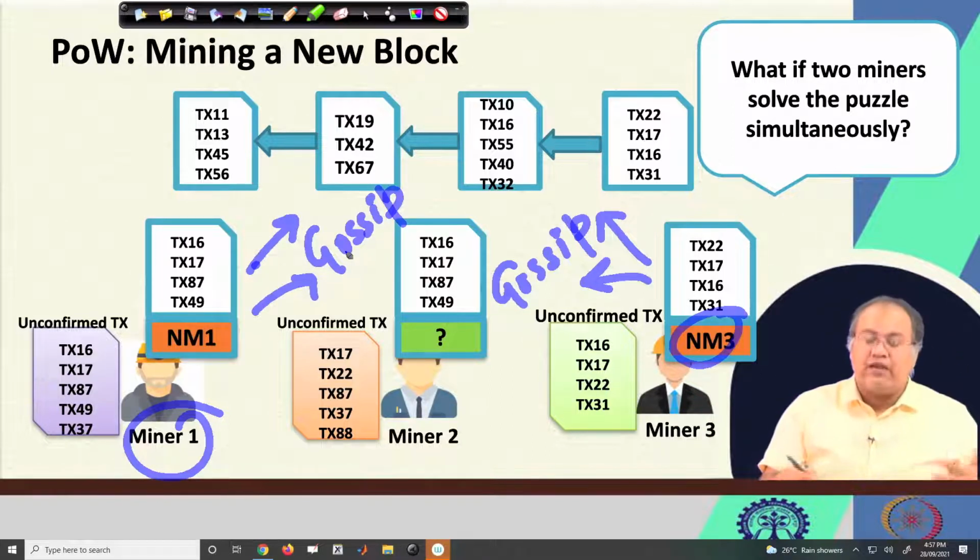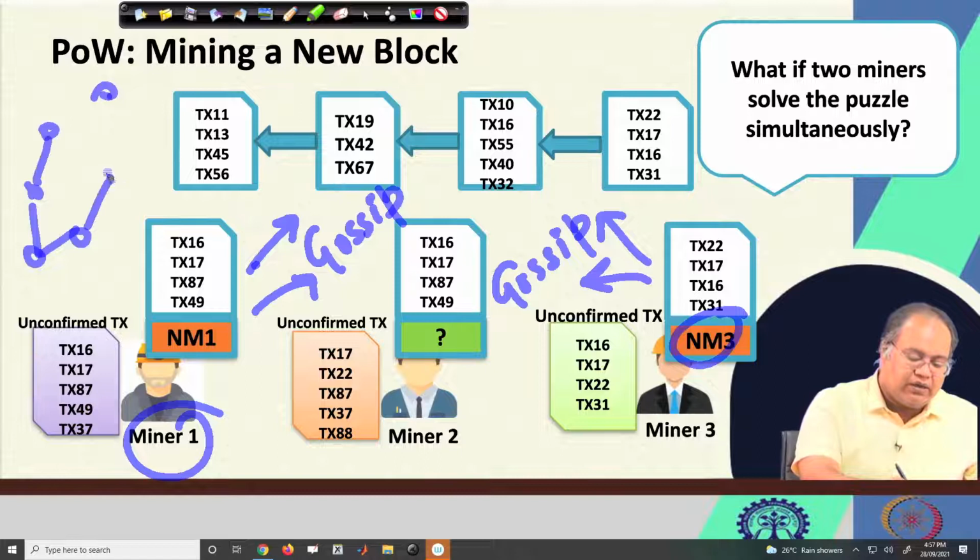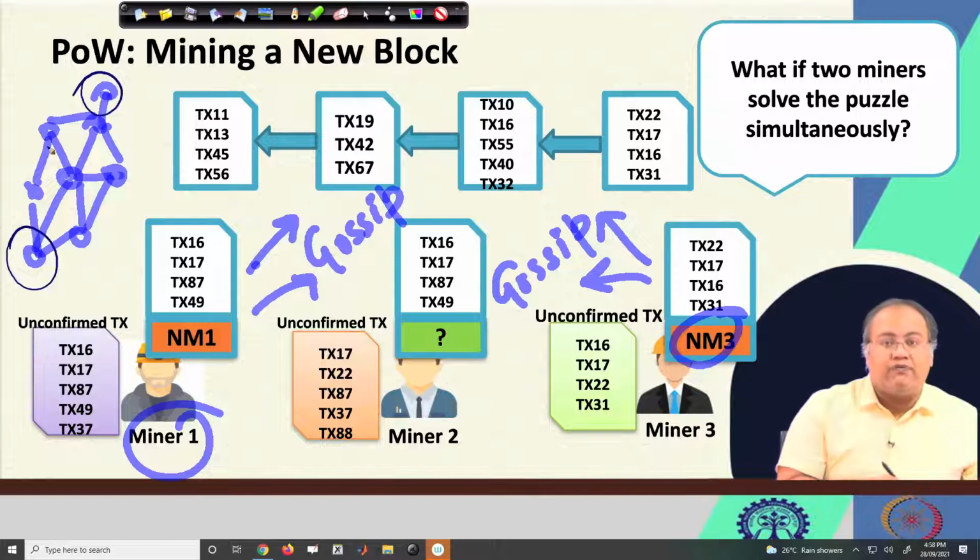This kind of scenario may happen when there are two miners who are far apart in the network. Just assume that this is one miner and this is another miner, and they are far apart.